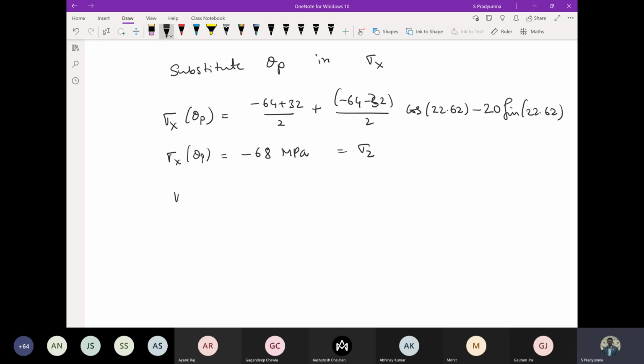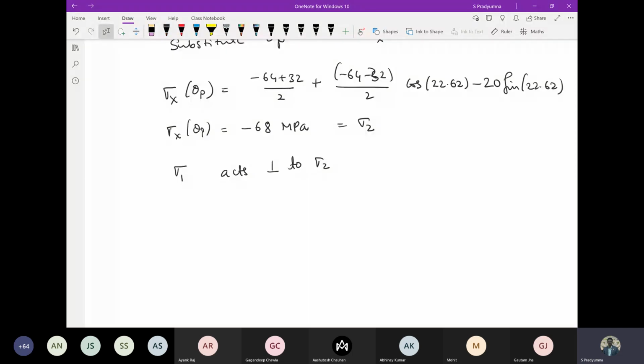So now what is the direction of sigma 1? It acts perpendicular to sigma 2. That means you know the angle, right? Okay. Now let us say that I'm writing the element now.